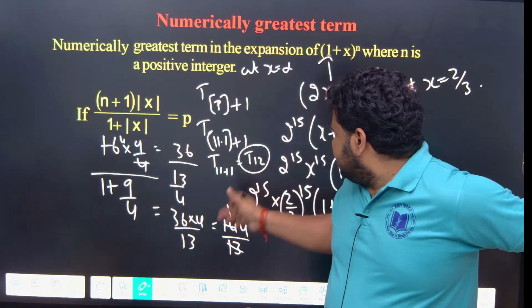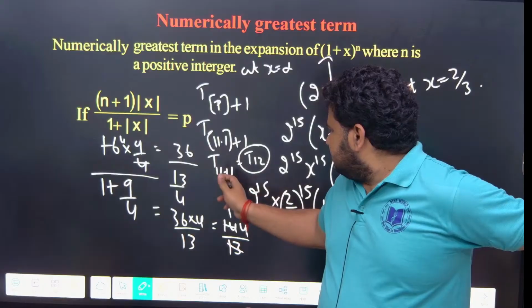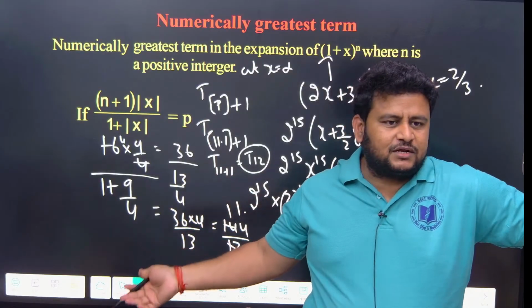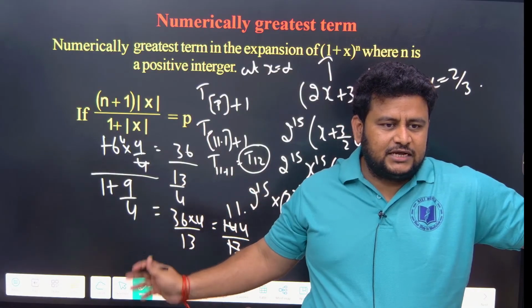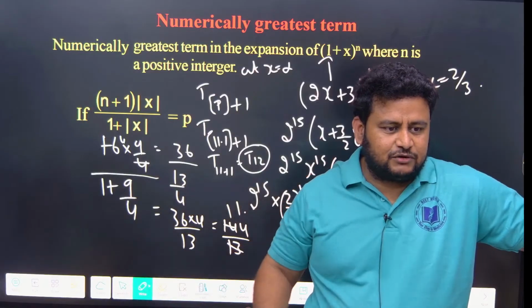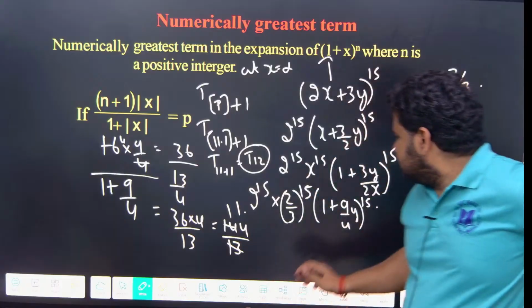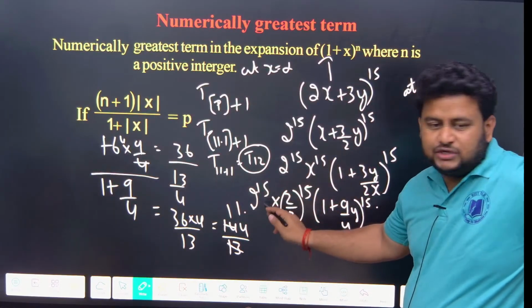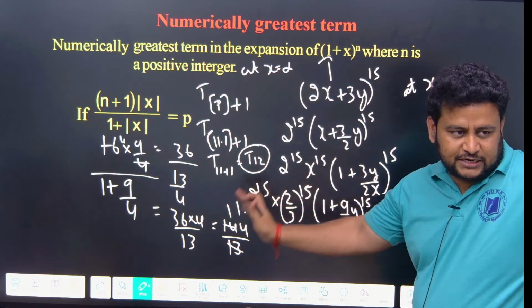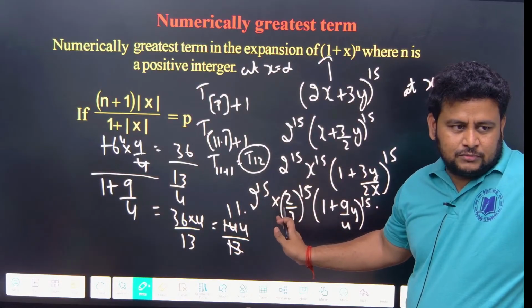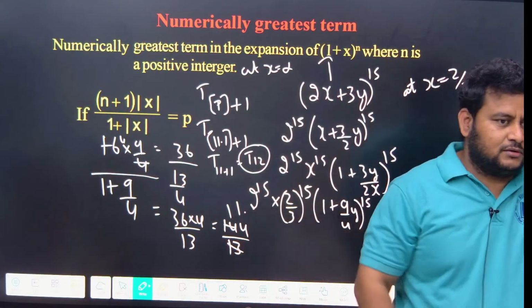What did we get? T12. What is the value of the numerically greatest term? You can do T11 plus 1, that is T(r plus 1), and you will apply the formula and get the answer. But in that, this 2 power 15 that you took outside, you should also include that.